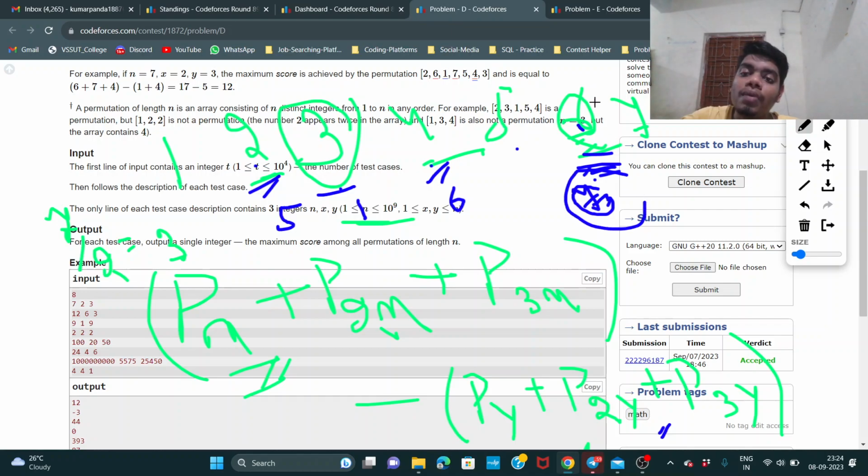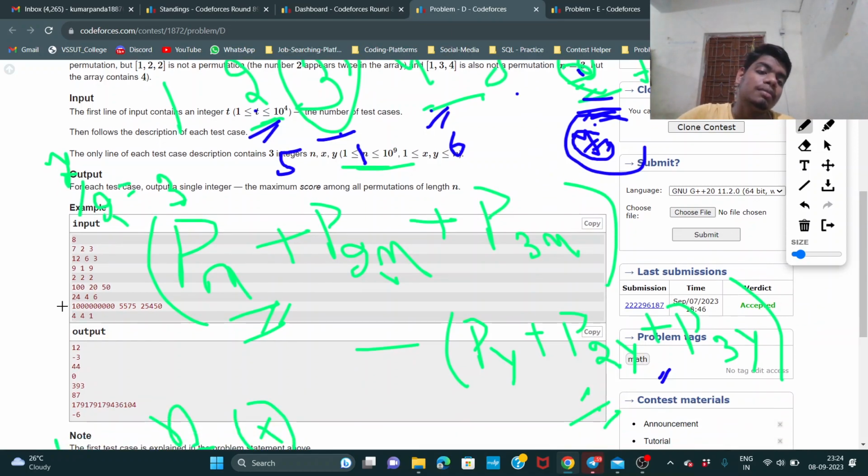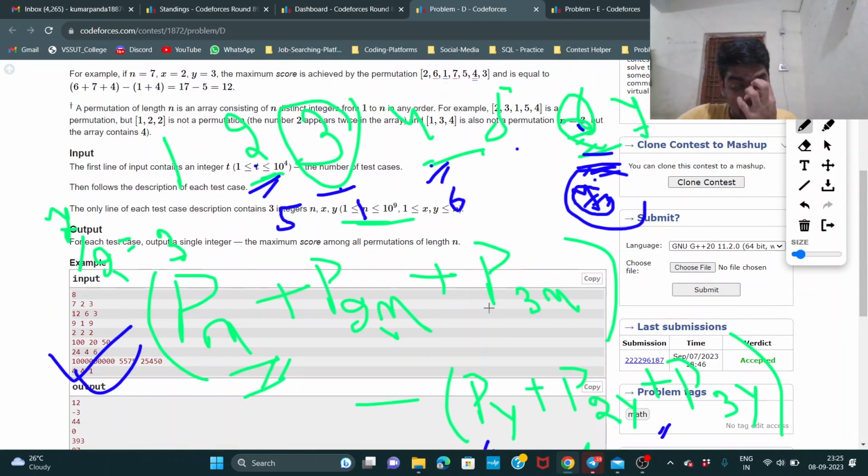So we just have to remove the numbers which are found in both sets. In this case I forget this part. I'll just put 7 here and 6 here, and 7 plus 6 is how much? 13. 13 minus 1, which is 12.